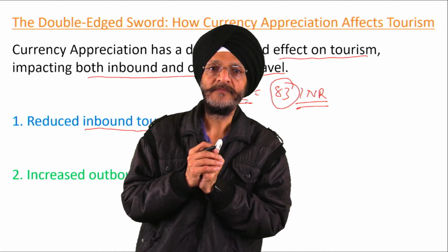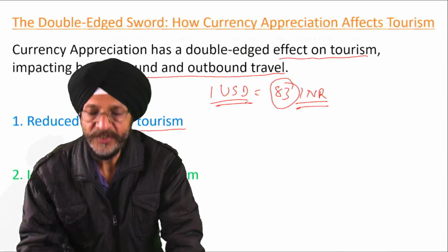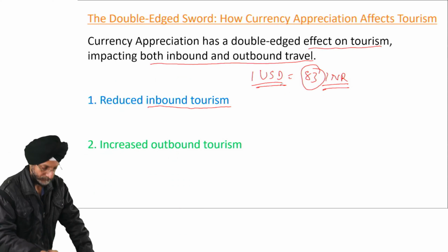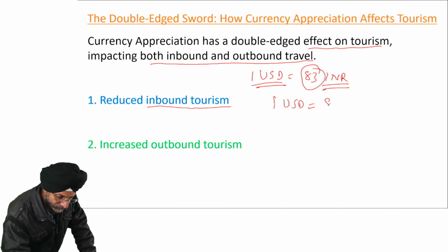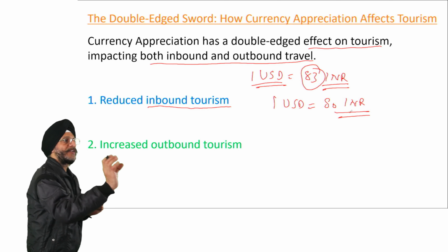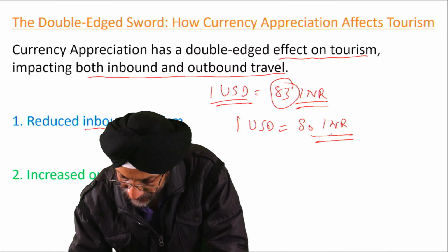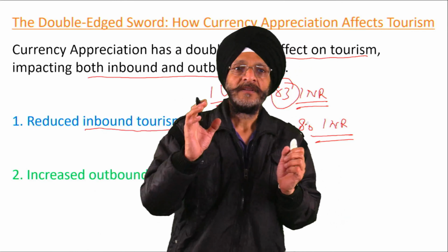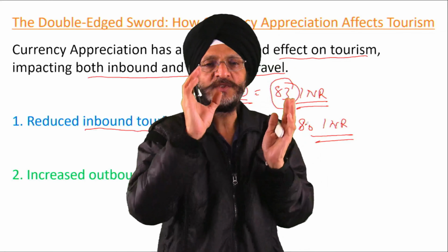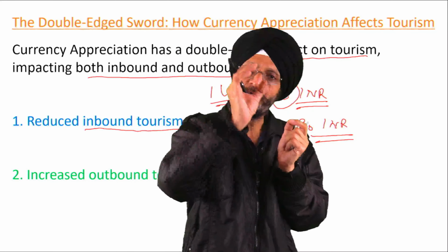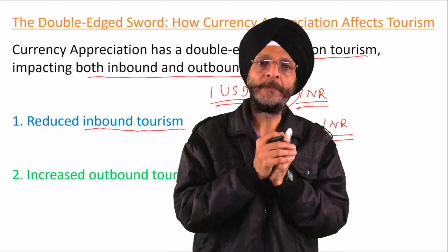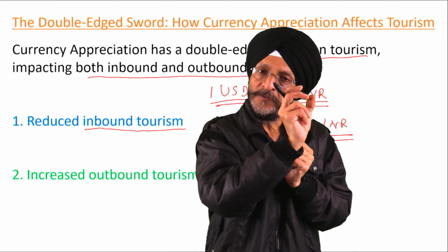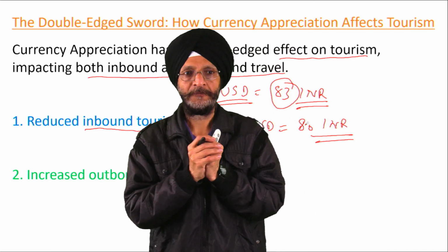Suppose the currency of India appreciates. Now the value of Indian rupee has appreciated and 1 US dollar is equal to 80 Indian rupee. That is, now the residents of USA or the tourists from USA will get less currency of Indian rupee in return of 1 unit of US dollar.